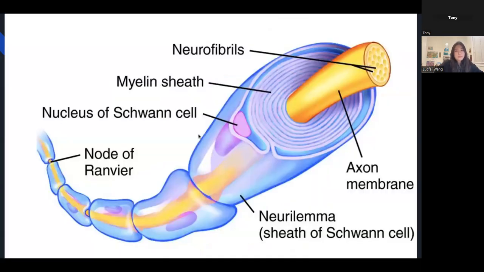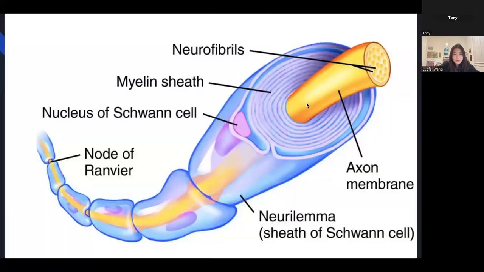Okay, and action potentials are aided by myelin sheath, which is basically a layer of electrical insulation around the axon. So the myelin sheath is made by Schwann cells or oligodendrocytes, and they will act like an insulator, which doesn't allow for the flow of electricity.